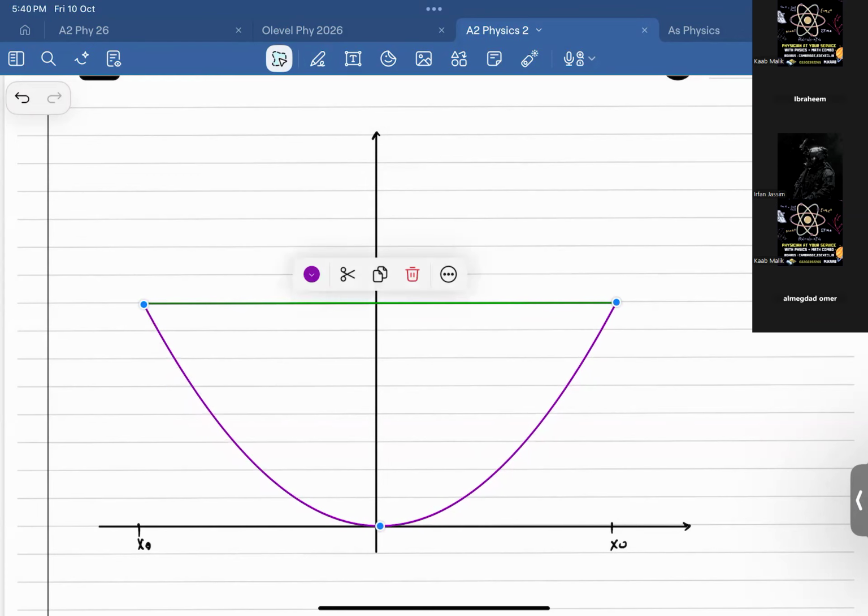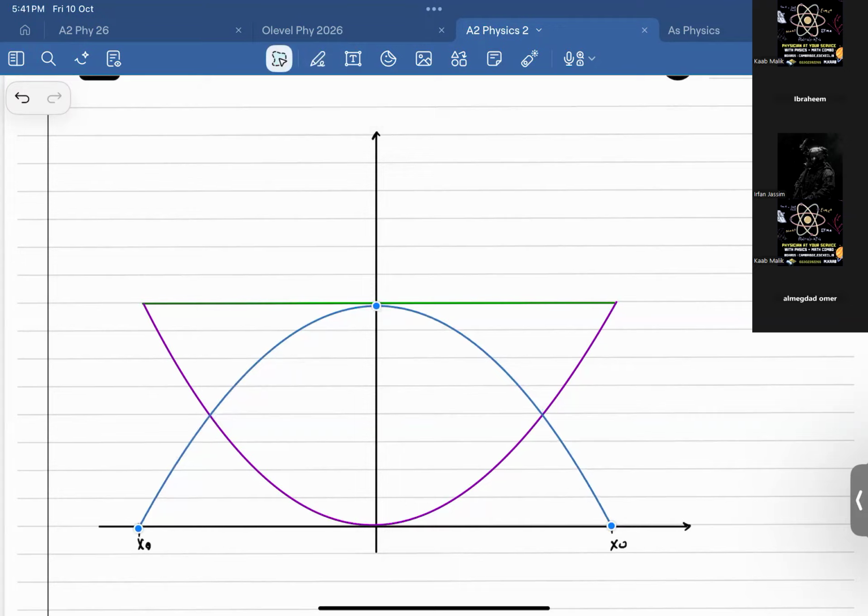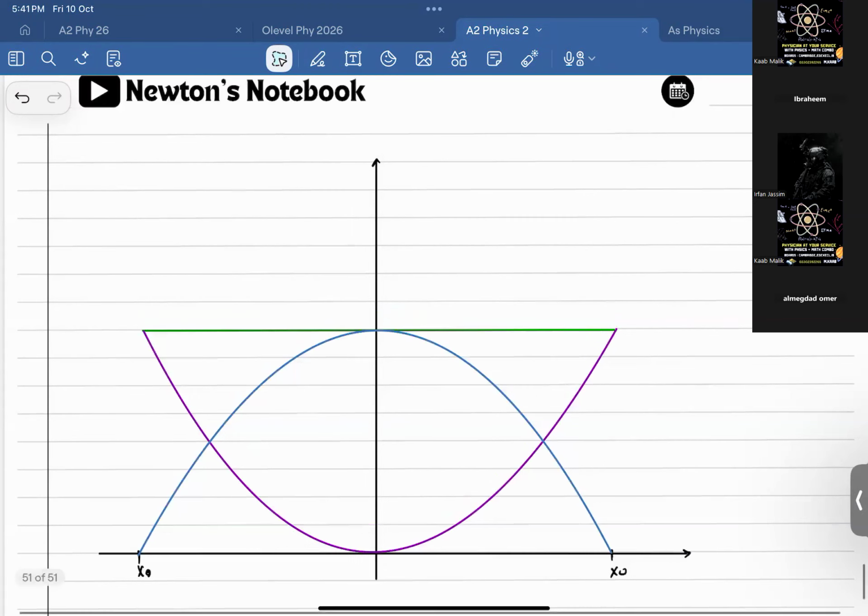And right here and right here. Okay. So this is the potential energy graph, gravitational potential energy. Okay. And the graph for the kinetic energy will be maximum at the mean position and minimum at the ends. So it will be like this. Okay. And in the previous class, we worked out this position.